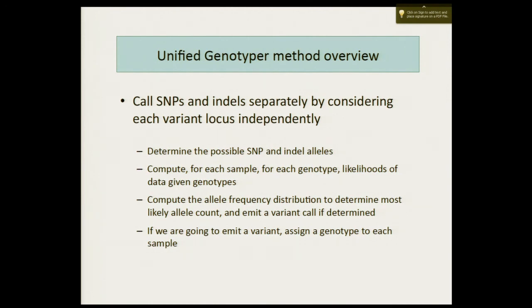And then given these likelihoods, it's going to compute an allele frequency distribution to determine the most likely allele count. So this distribution tells you essentially what's the likelihood of having k alternate alleles for all of the possible k. And if there is enough evidence that there is actually a genetic variant there, then we will output a call.